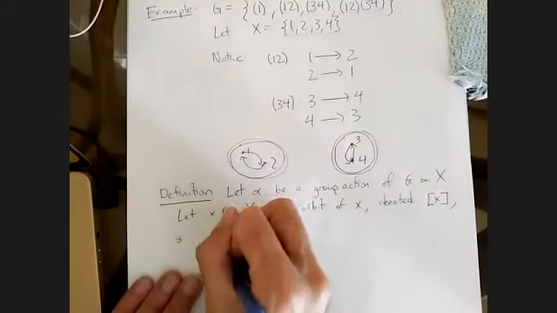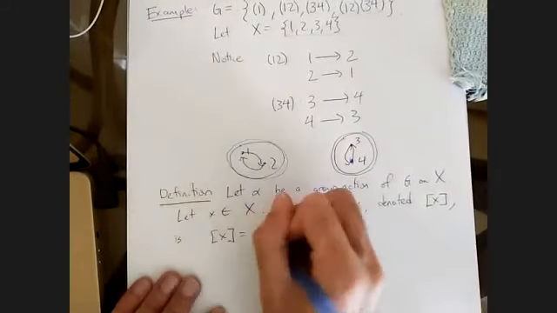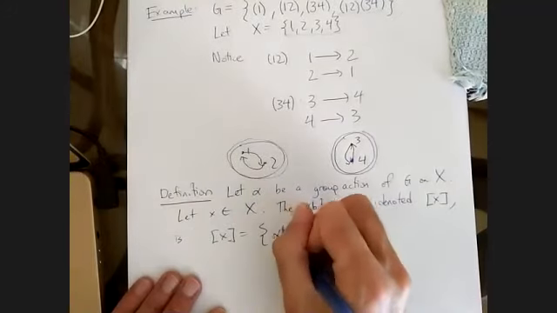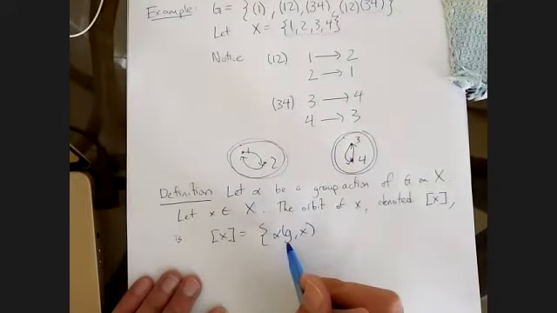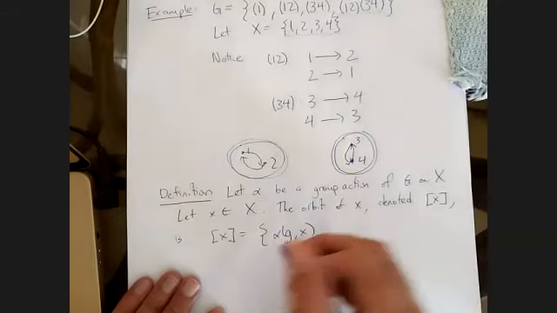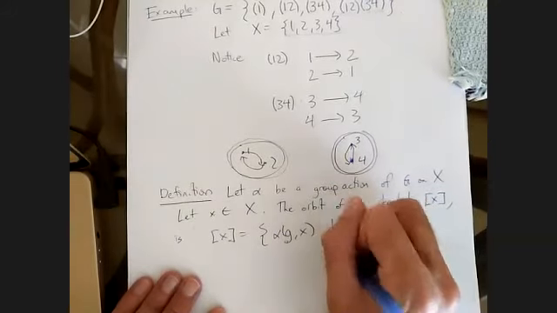And it's defined by the orbit. Well, that's just the set of all the things that when you act on x, you get somewhere else. You collect them all and call it the orbit.